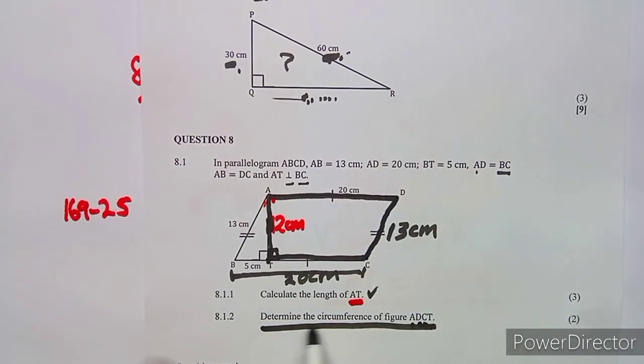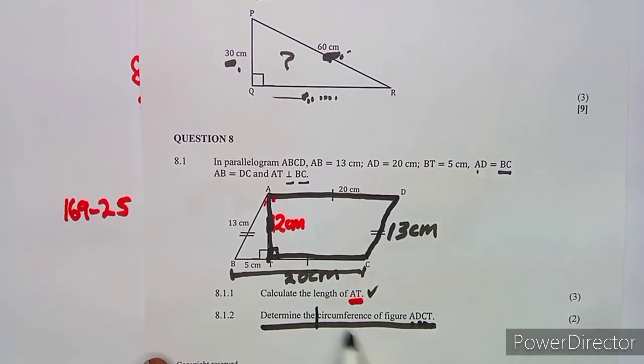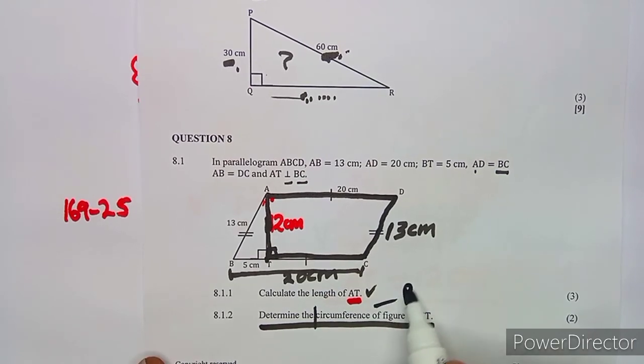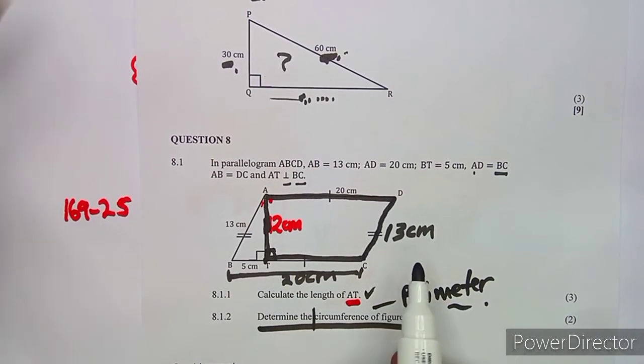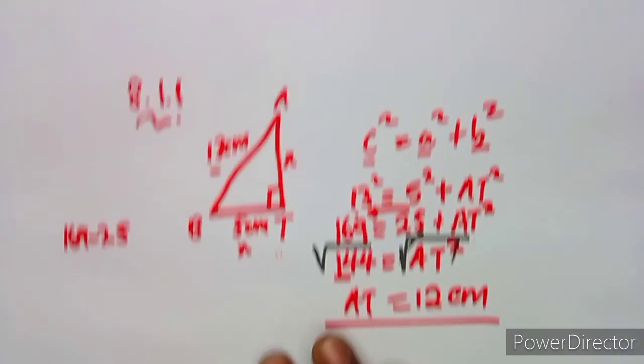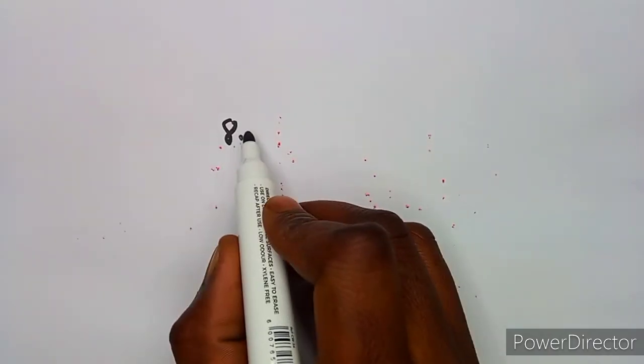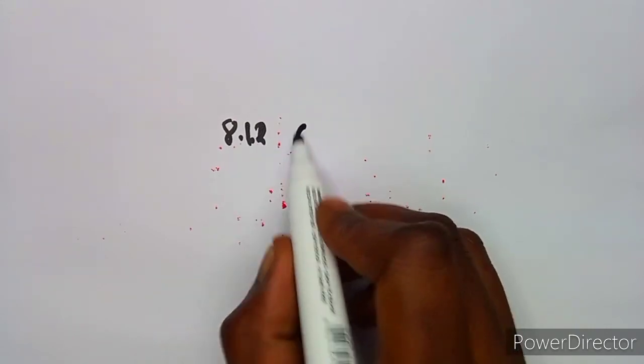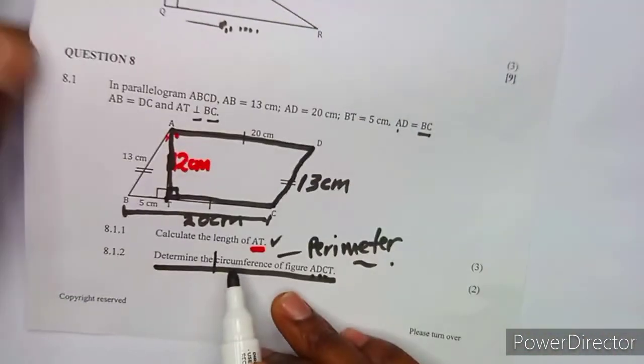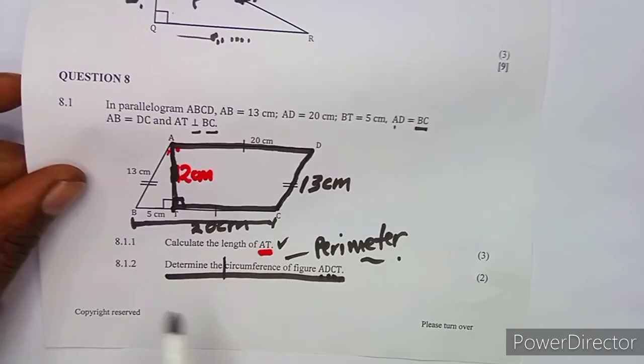Okay, so remember, if you're working with the circumference of the figure, it's actually the perimeter. That is the distance right round the shape, which means we are supposed to add everything in this case. So it's 8.12. We're just going to have C to indicate the circumference figure.